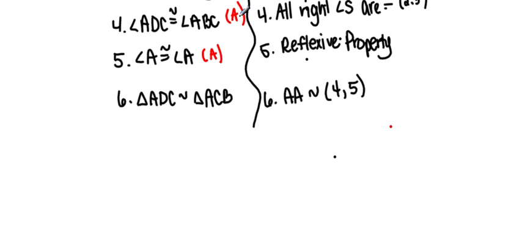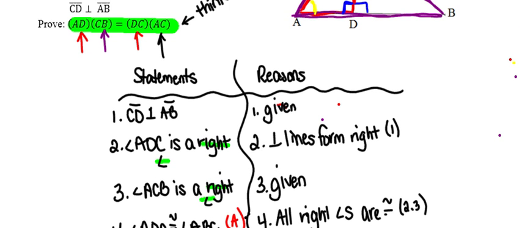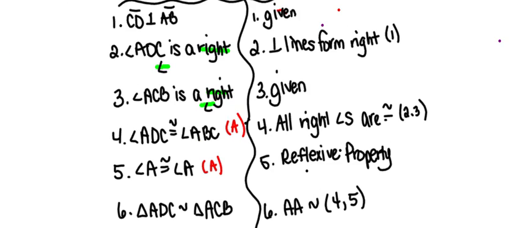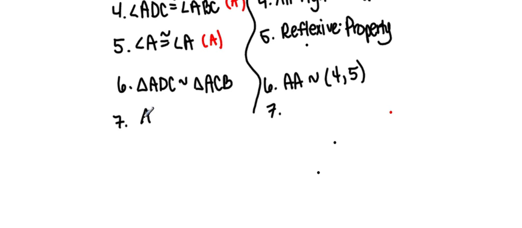Now once I have those two triangles similar to each other, I know that the lengths of their corresponding sides must be proportional. So I'm going to go ahead and use that similarity to write a proportion. As I do that, I'm going to keep in mind exactly what it is that I'm trying to prove. So I'm going to start out with my first side, AD in the first triangle.